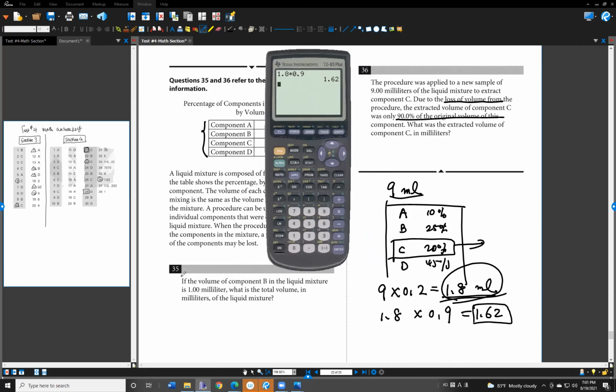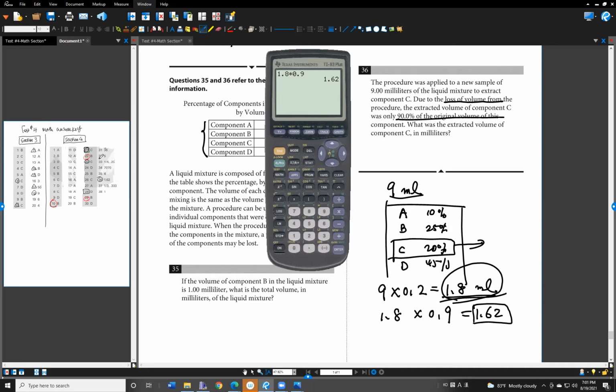Section 4, number 10, I'm going to use a different color. Number 10. Number 21, we did it. 22 over here, and 23 we did it. 29, we didn't do that.